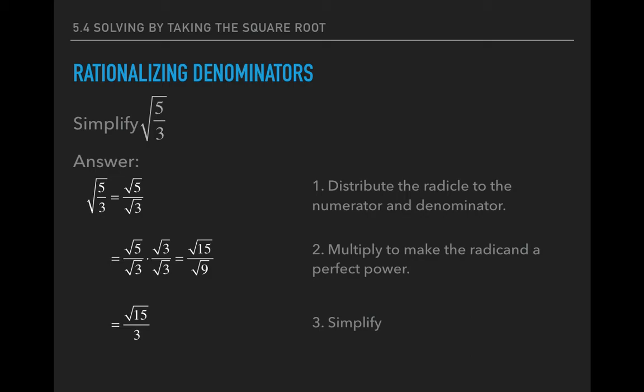And you could check that by plugging in both of those expressions, the original and this result. You'll get the same decimal approximation. But what we've done is made a rational number in our denominator. We no longer have a square root.